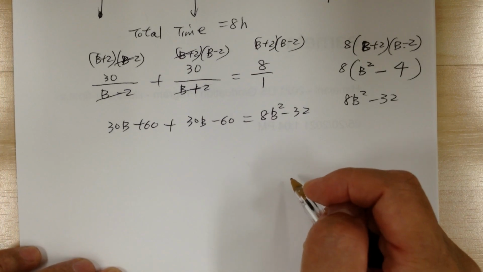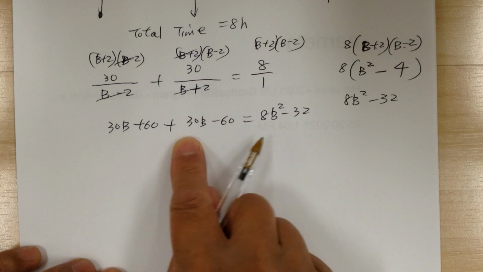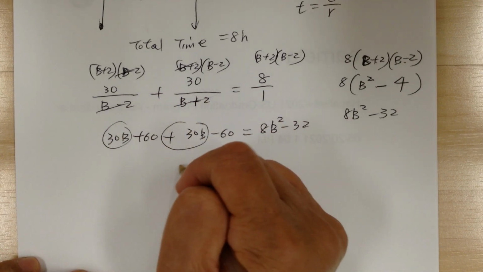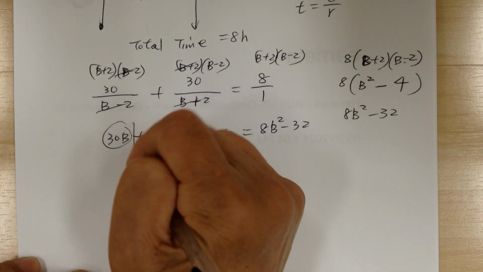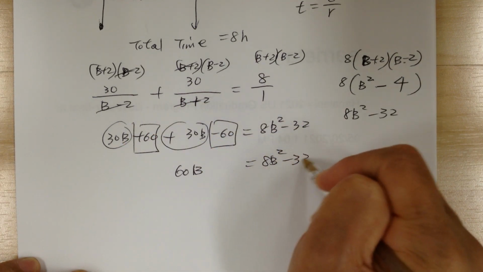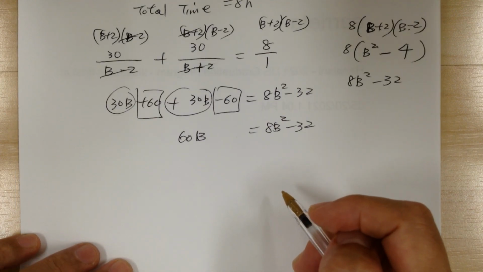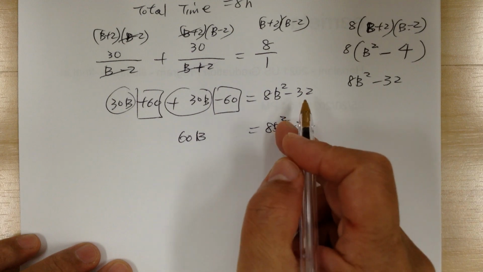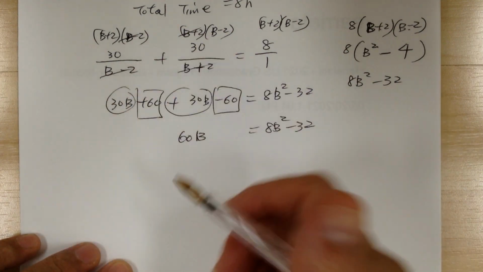Okay. So next, there are too many things over here, so I'm going to combine the like terms first. So this will give me 60v, and this one will cancel out. Next, since the v squared is on this side, I'm going to flip it over.